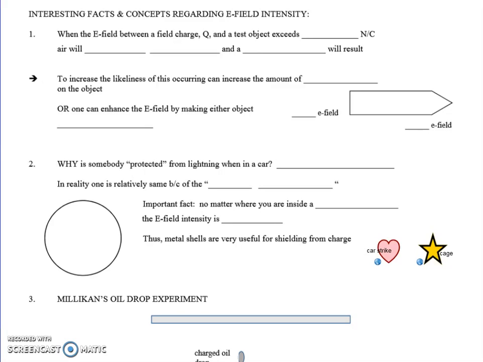Very simply, we can boil it down to this: when the electric field intensity between a field charge, let's say a cloud in a lightning storm, and a test object, let's say a tree, exceeds a certain amount. That amount, when it's air that's between the object and the source of the charge, is 3 times 10 to the 6th newtons per coulomb. So when you exceed a field that's 3 million newtons per coulomb, air will break down.